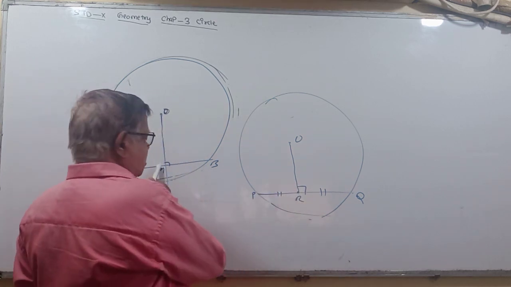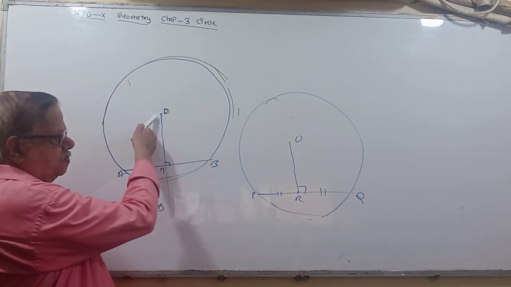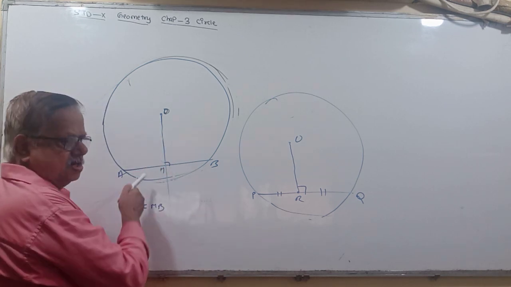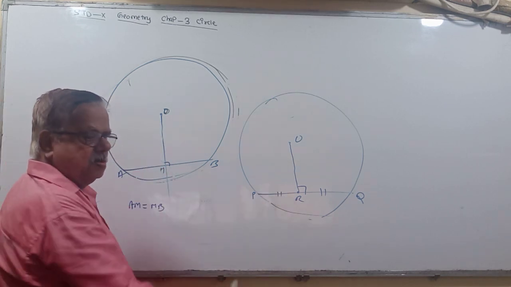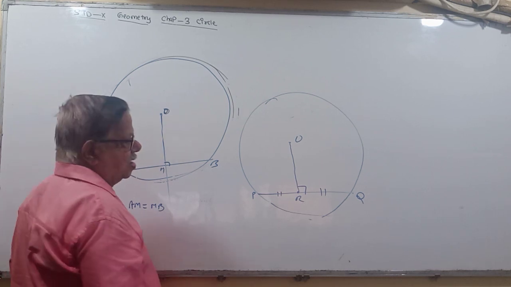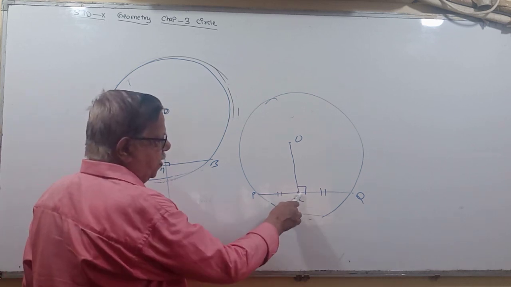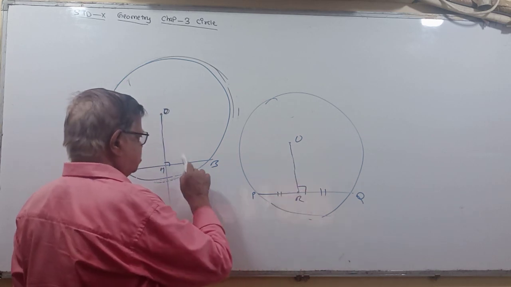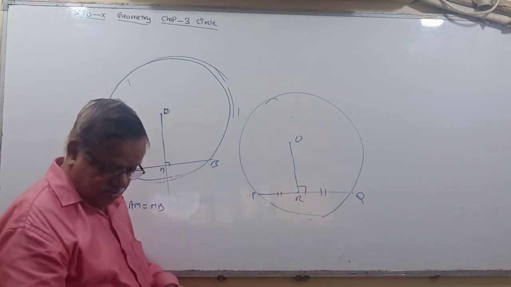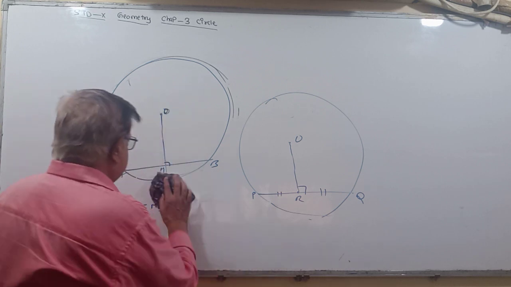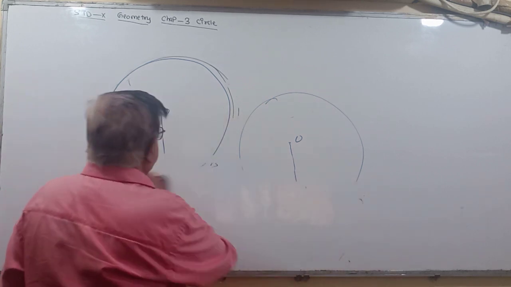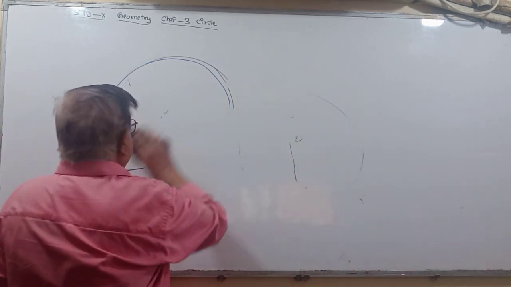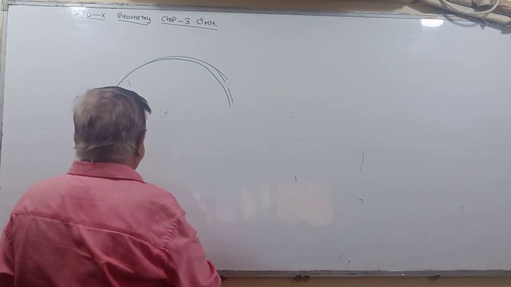This is the chord bisector theorem: a line drawn from the center perpendicular to a chord bisects the chord. This is the converse: a line drawn from the midpoint of the chord to the center is perpendicular to the chord. In 1 minute we study all those things. Right.